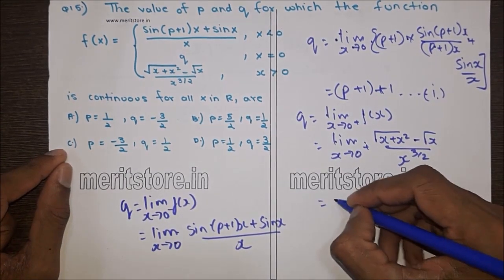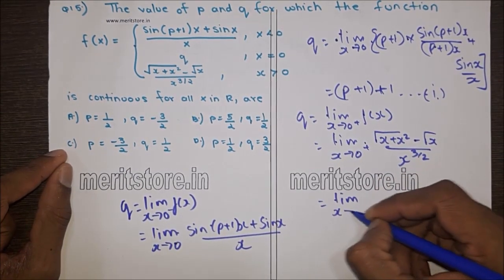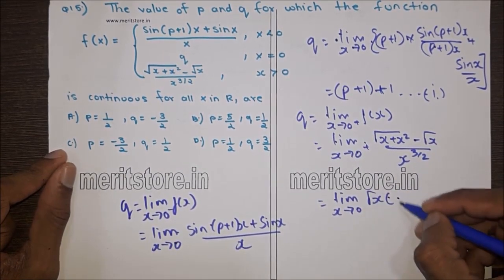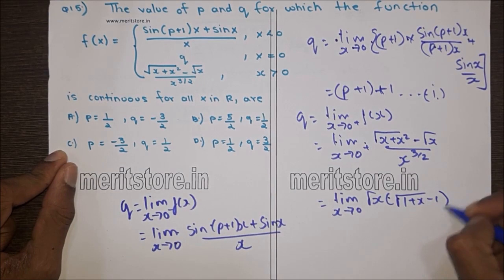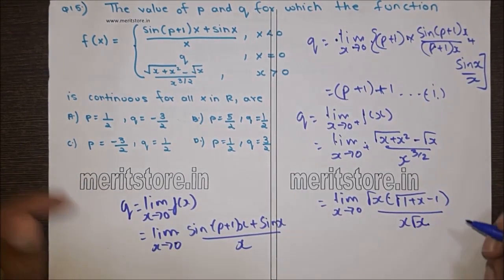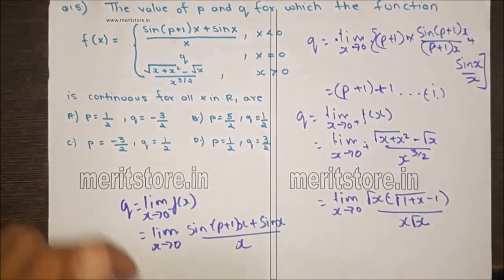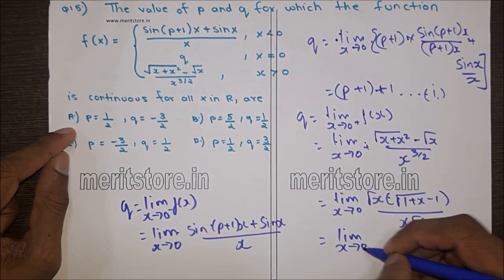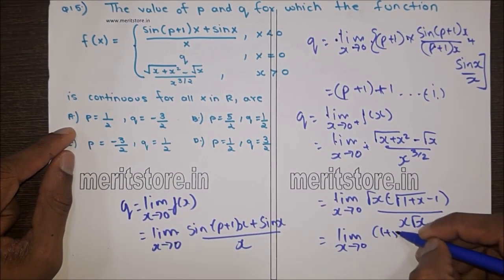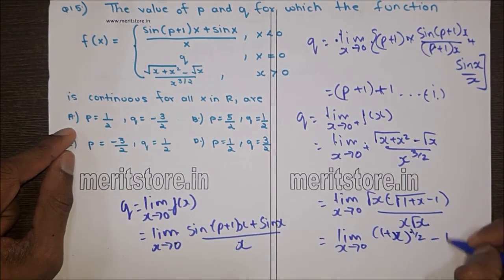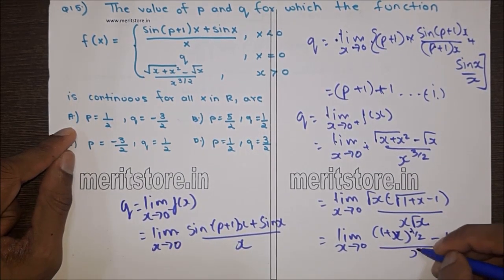We can write this as the limit as x approaches 0 of root x times (root of 1 plus x minus 1) upon x root x. We can write this as the limit as x approaches 0 of (1 plus x) raised to 1 by 2 minus 1 upon x.